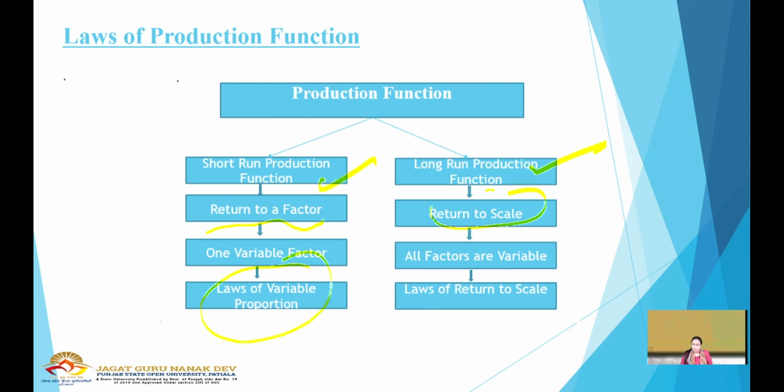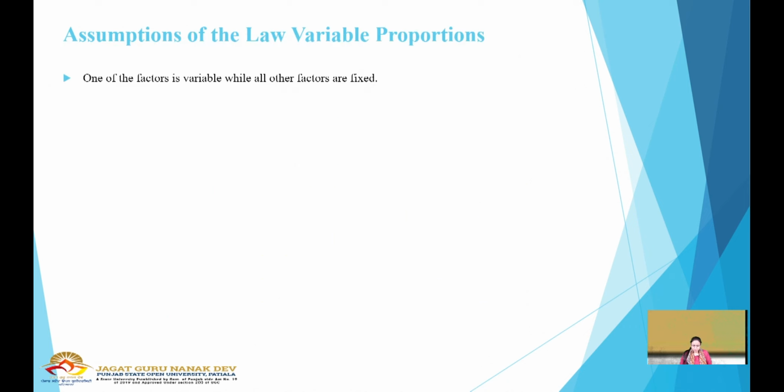On the other hand, the long run production function is also called returns to scale. This is the situation where all the factors of production are variable. So the law of returns to scale is the long run production function. These are the two types of production function basically.